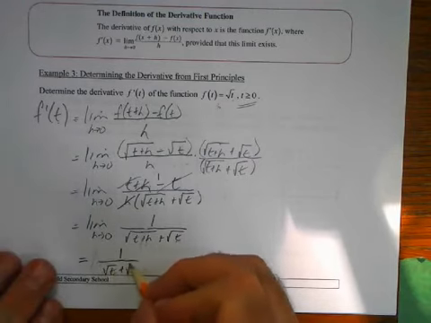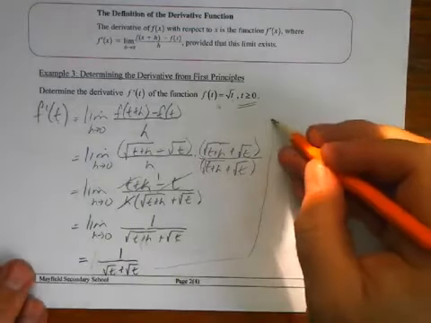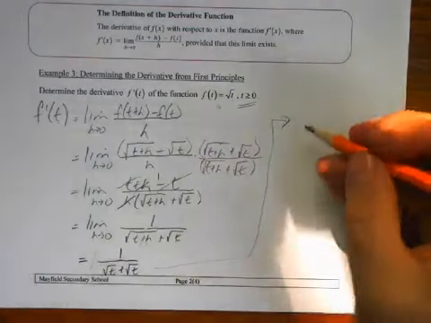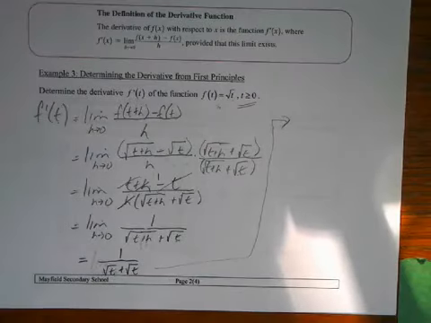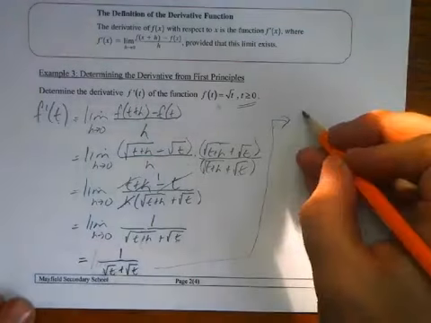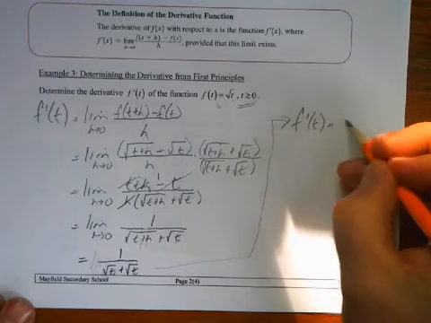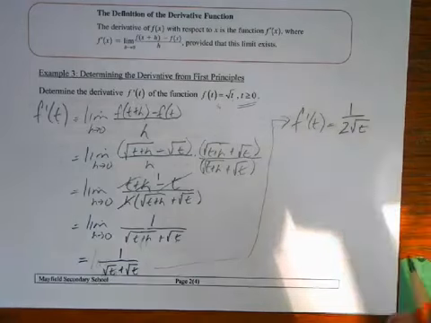Let's go back up here so we can simplify this. If you think of square root of t as its own variable, we've got 2 of these things now. So f prime of t is equal to 1 over 2 root t. And that's what we're looking for.